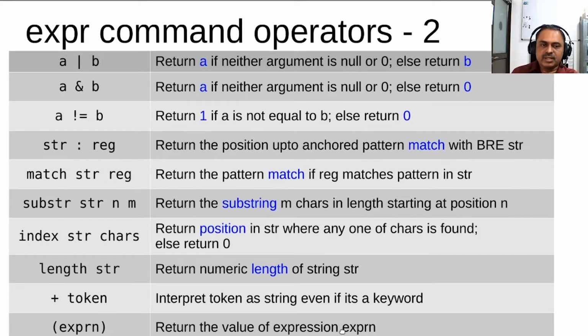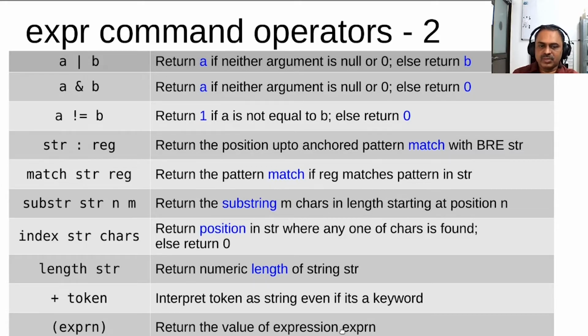You can use the command match string and then the regular expression to check if the regular expression given is going to match the string, and if so, then whatever is matched is then returned. Substring followed by string followed by two integers would return the substring from the string starting from the position n and as long as m characters. So basically it is like taking a slice of the string by mentioning the position as well as the length of the substring.